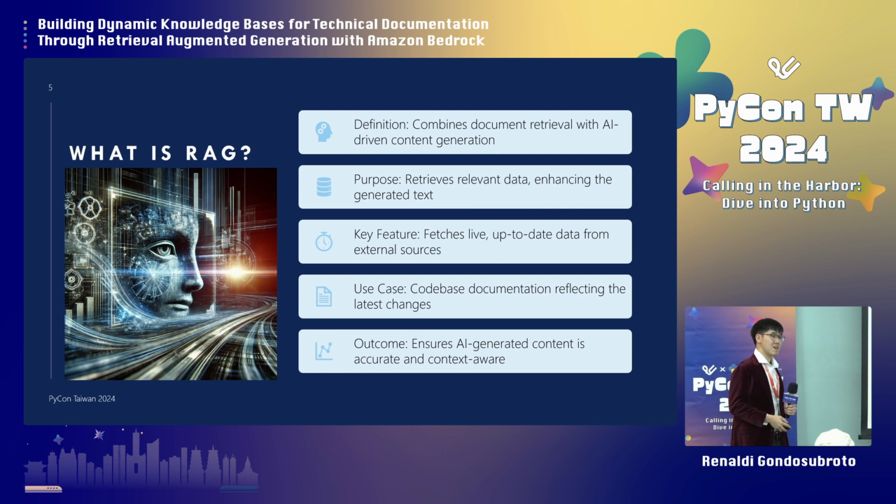We make the text that we generate relevant and less prone to hallucinations, which I'm sure most of you also know is the biggest problem with LLMs. The key feature, though, is that we're able to fetch live, up-to-date data from external sources that we provision within the knowledge bases that we provide within the RAG workflow.